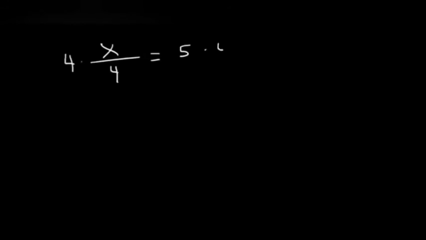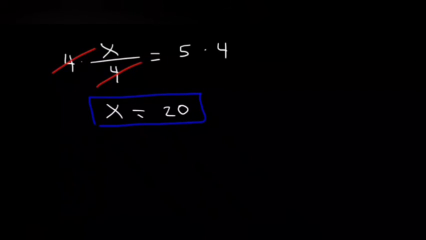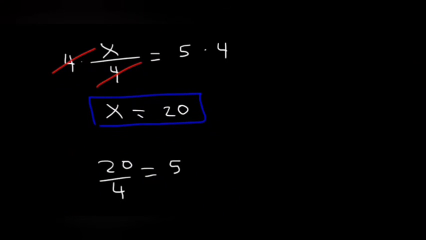So 4 times x over 4 equal to 4 times 5. 4 cancels out 4. Our x will be equal to 20. As you can see, 5 times 4 is 20. Now to verify this, 20 over 4 is equal to 5.